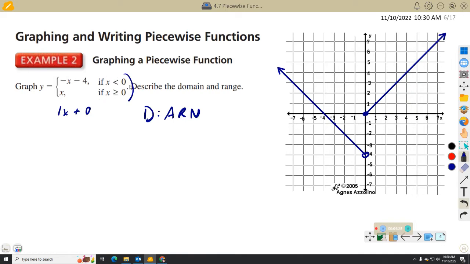There's no gaps in this section here, and there's no gaps in our graph. And the range here will be y is greater than 4. Again, we've done the domain and range stuff before, so in this case, everything is above the 4. And there's no gaps in the y's here, so y is greater than 4.